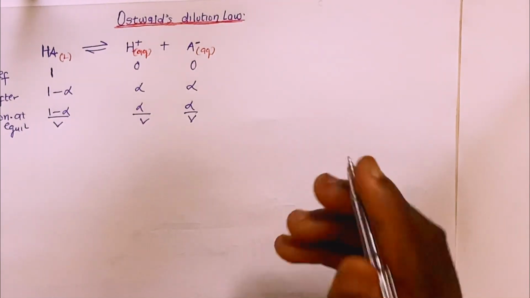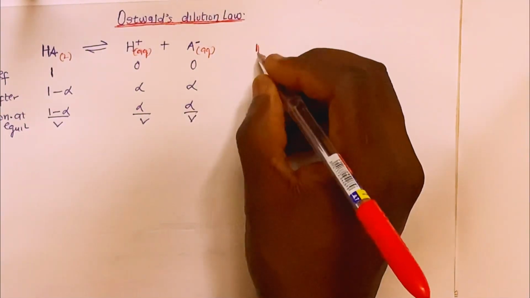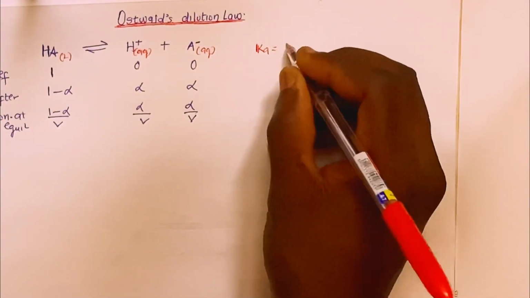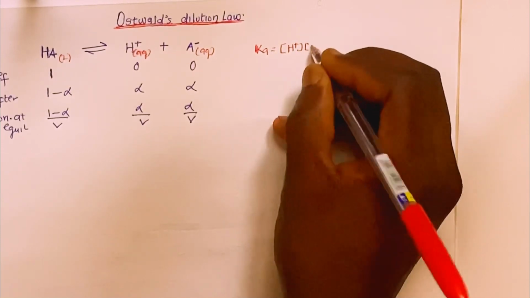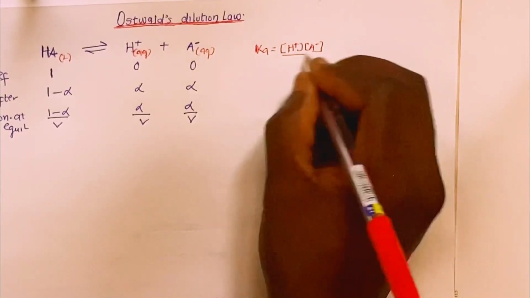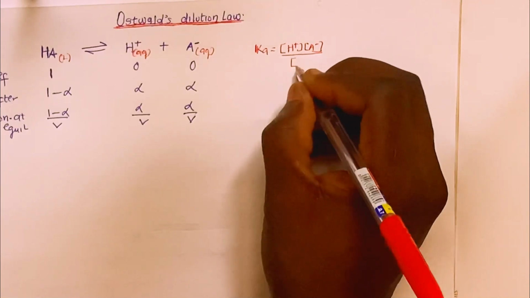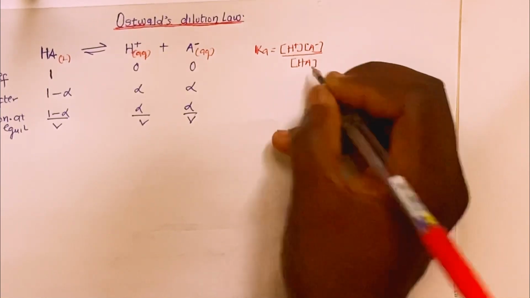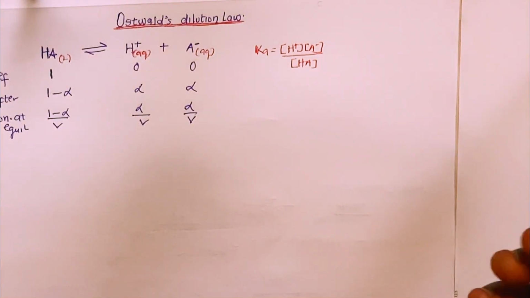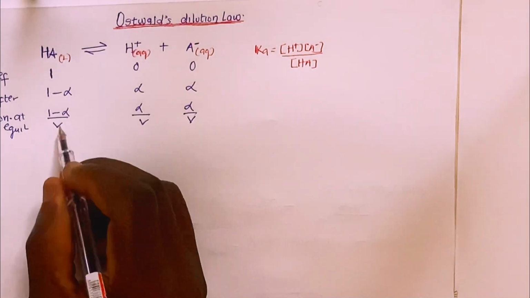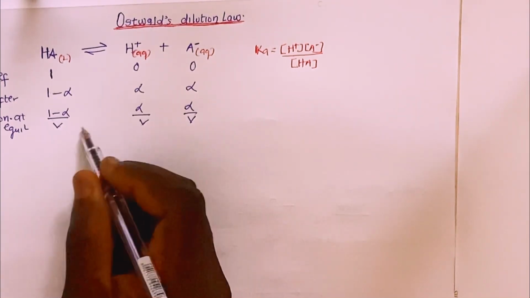Applying the law of mass action, I'm going to have my Ka equal to the concentration of the hydrogen ion multiplied by the concentration of the base, divided by the concentration of the weak electrolyte, which is HA. My concentration is the number of moles of a substance divided by the volume. That's why I'm dividing everything by volume.